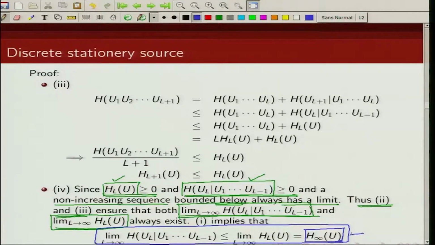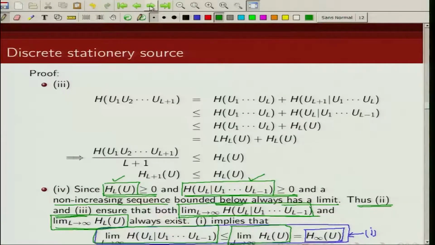So this follows from property number 1 as we let L go to infinity. Now to prove that they are equal, I need to show that this particular term is less than or equal to this particular term.